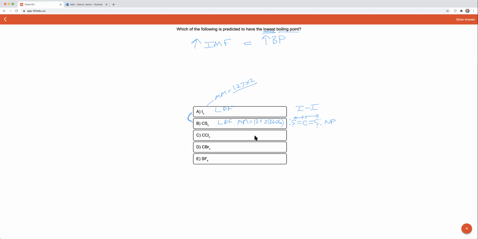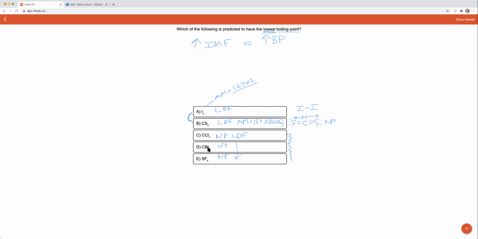Again, I'm going to spare you all of the other analysis. You can prove it to yourself later, but these also have a higher molar mass than carbon disulfide, and they're all nonpolar. That means they all just have London dispersion forces. None of these molecules are polar.